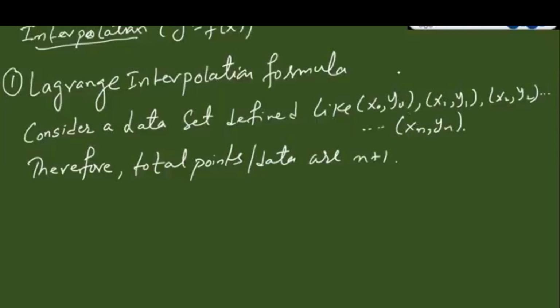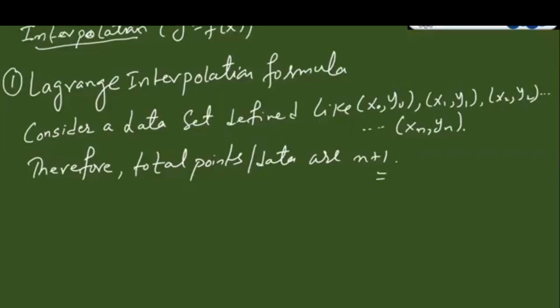If I start counting 1, 2, 3, the last will be n, and plus 1 more for x naught. So this is n plus 1. In some books you can find that the labeling starts with x1, so then they say we have n points, but we want to say n plus 1 points. Why? You will understand shortly.